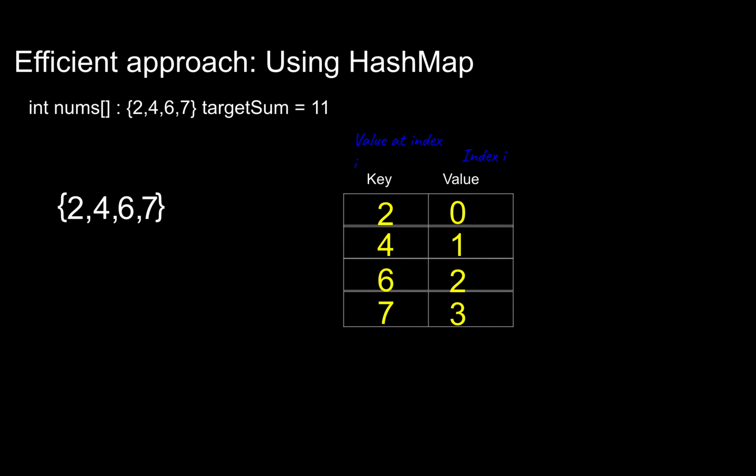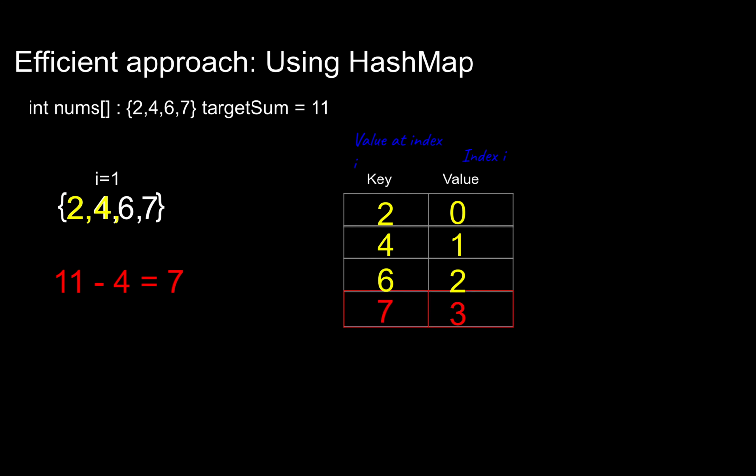Now again we iterate our given integer array and this time we find the complement of each element of the given array and we check whether our map contains that complement. So now we check whether the map contains this complement and we see that it does not. So we move forward in the array and again we calculate the complement corresponding to the value 4 and we check whether this complement is present in the map.